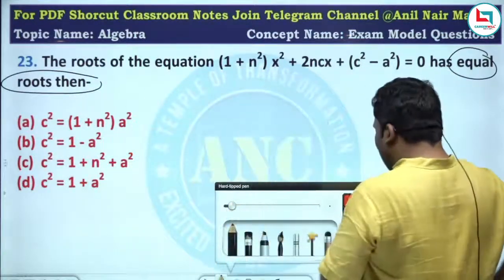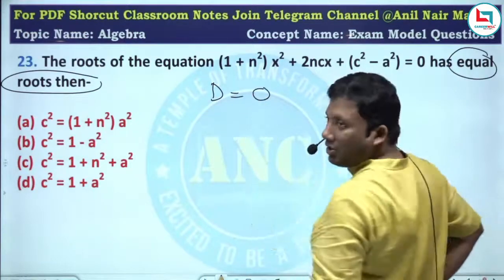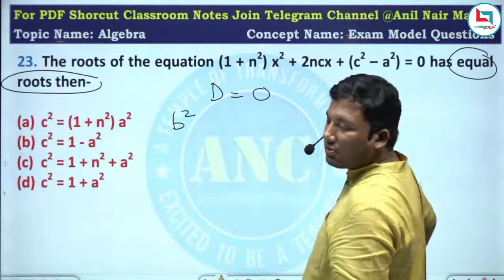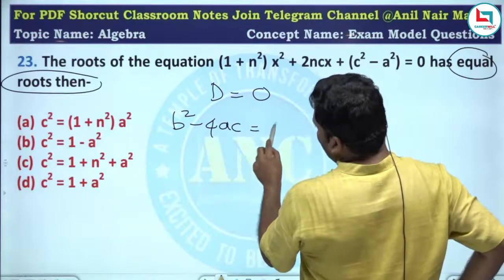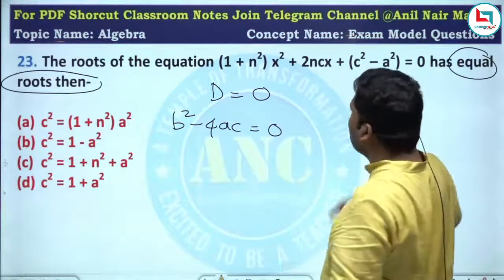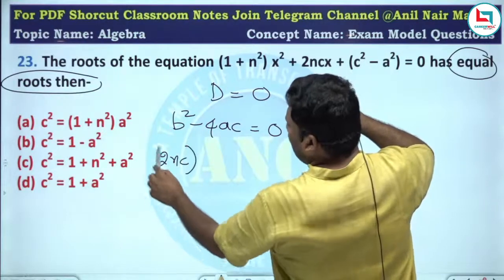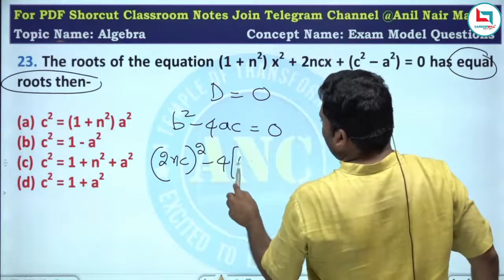A quadratic equation will have equal roots when the discriminant is equivalent to 0. Discriminant for a quadratic equation ax square plus bx plus c is given by b square minus 4ac equals 0. b is the coefficient of x. (2nc) whole square minus 4 into a, which is (1 plus n square).